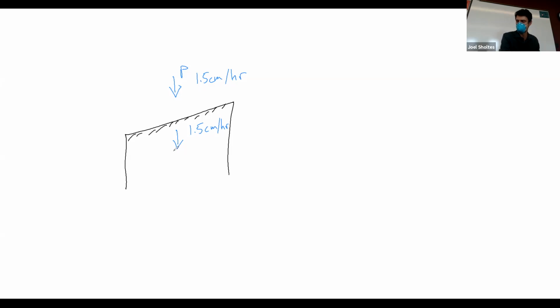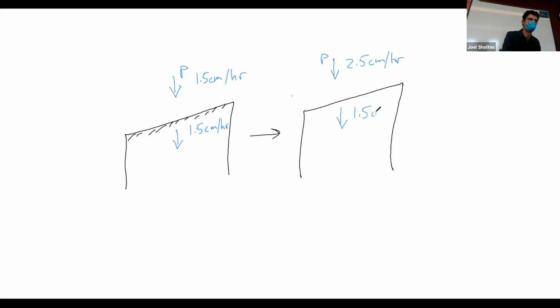The soil's getting wet. But then the rainfall rate increases, and all of a sudden the intensity increases to 2.5 centimeters per hour. Now we're getting more rain, exceeding the capacity of the soil. So we're still infiltrating 1.5, and now we're generating runoff.